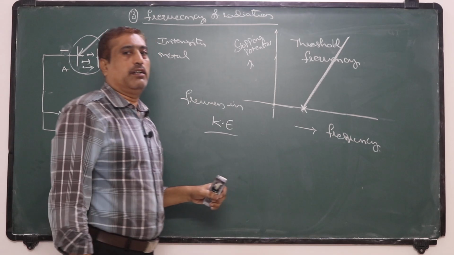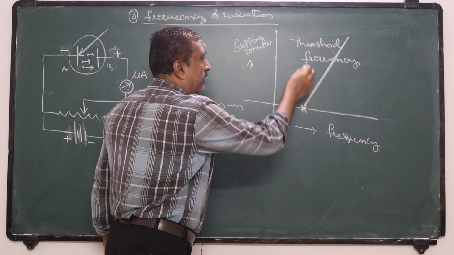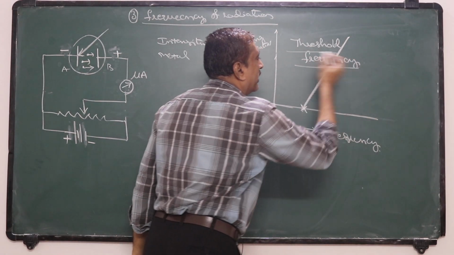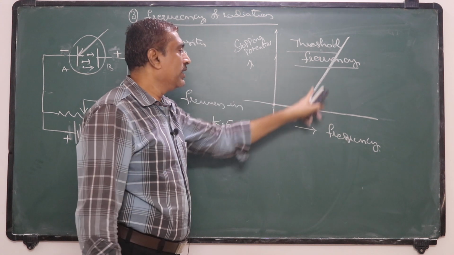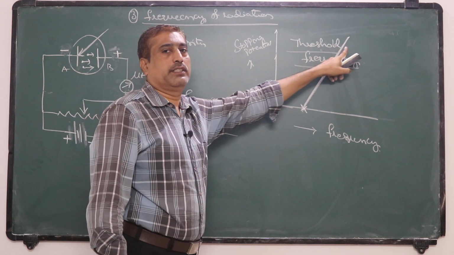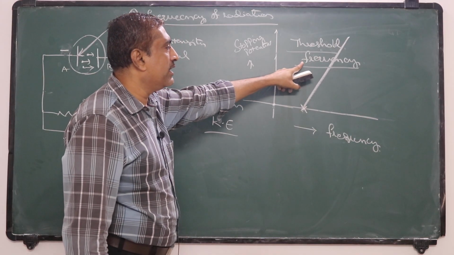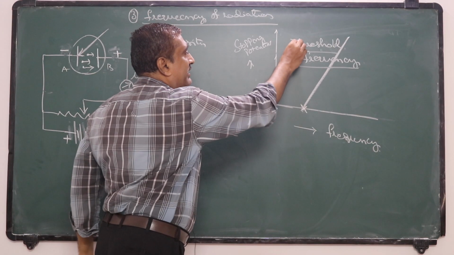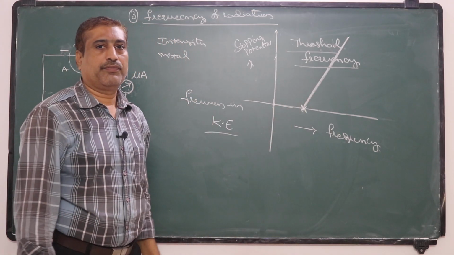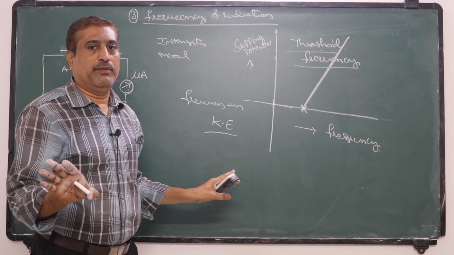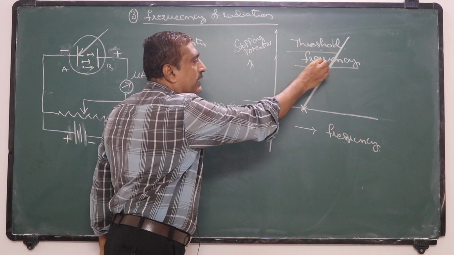Above the threshold frequency, photoelectric emission takes place. If the frequency of the incident radiation is less than this threshold frequency, no photoelectric effect takes place. That means photoelectrons are not emitted when the frequency of the incident radiation is below this threshold frequency.